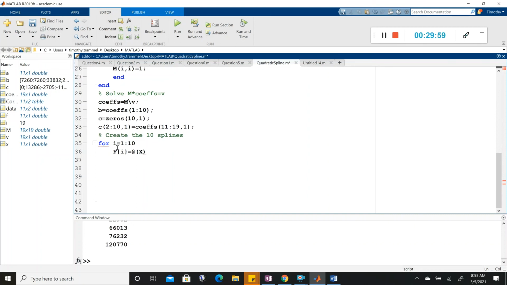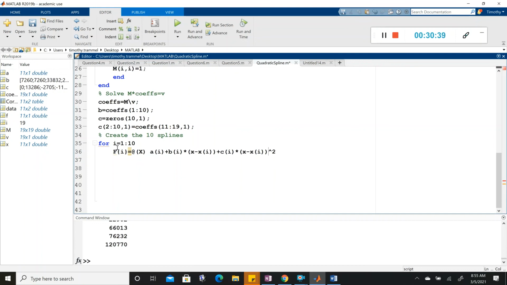Well, it was supposed to be A. So the ith a is what we're going to start with, plus the ith b times x minus the ith x, plus, and I need an asterisk here, plus the ith c times x minus the ith x, and then squared.